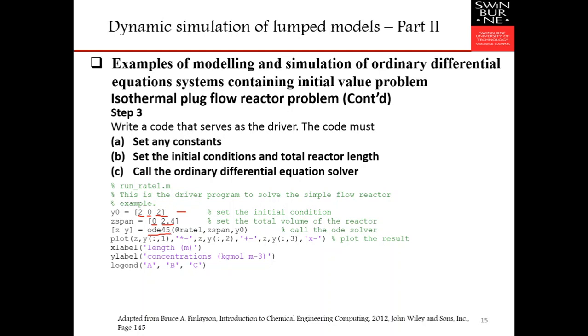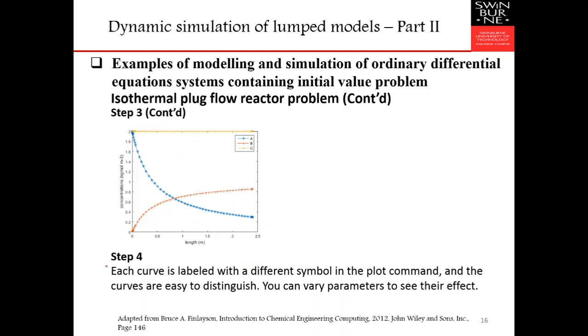Then this will use ode45, which calls the rate1 function, with your z span and y0. Then this command will plot, and this will give the label on the x-axis and the label on the y-axis, and give the legend. Once we run these, we get this result here.